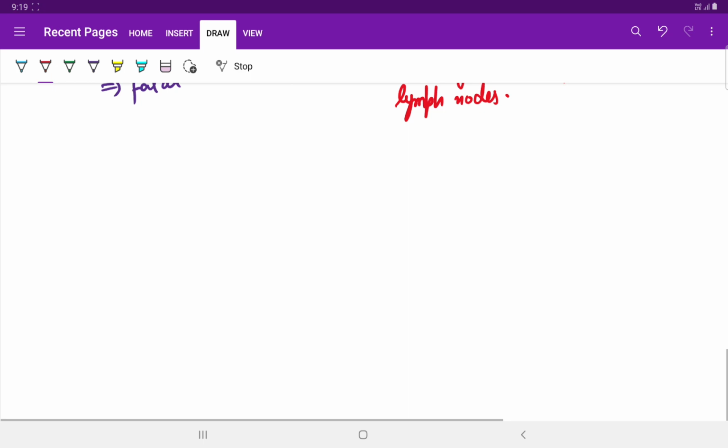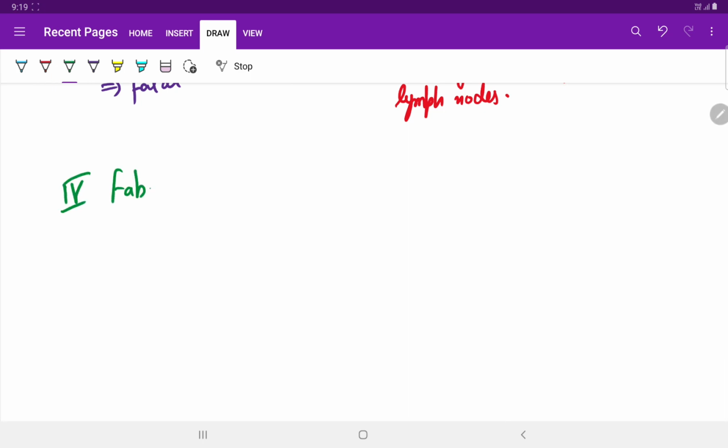So the last one is Fabry's disease. What is Fabry's disease? It is a glycolipid product of fat metabolism that accumulates in the tissue. The disease occurs only in males. So what happens in it? There is an accumulation of glycolipids.